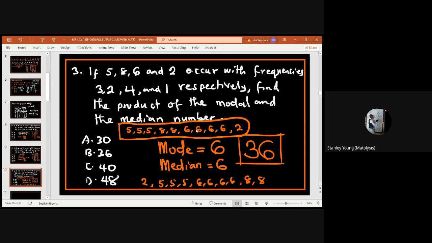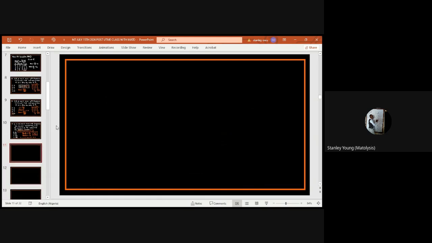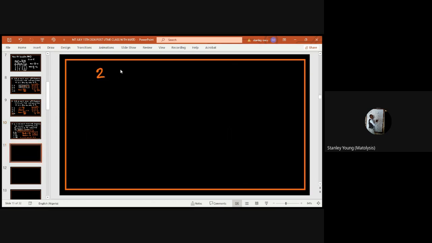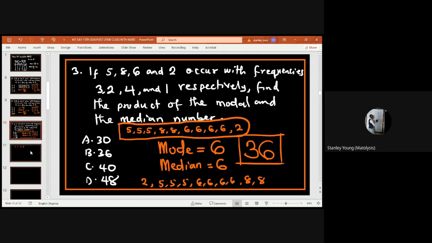So now the question is, should we have to write them out totally? The answer is no. Since we have 5, 8, 6, and 2, I'll write it as 2, 5, 6, and 8. Then what do we do?